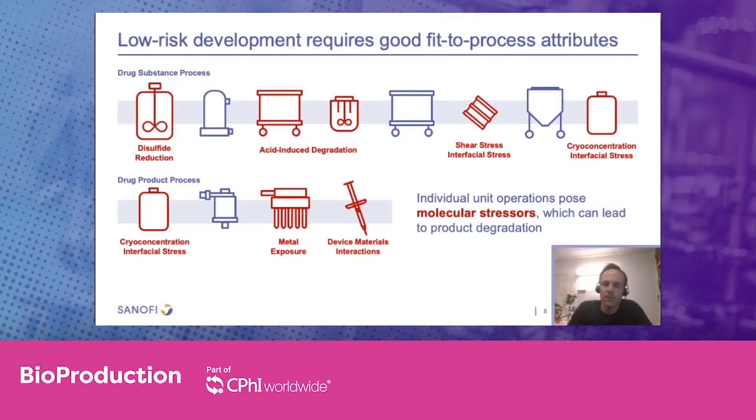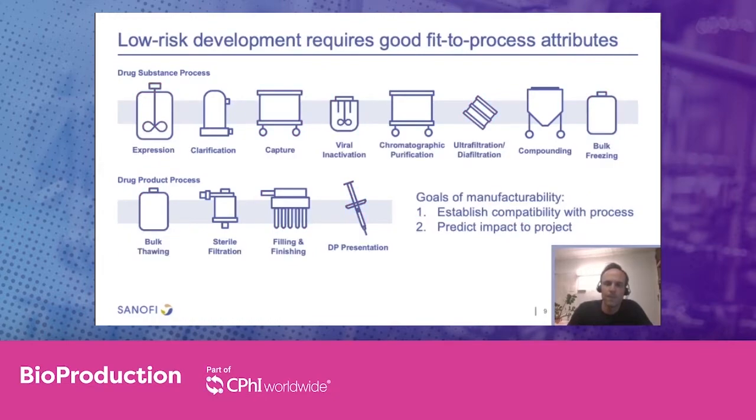And there's also compatibility with the process components and delivery device components like metals in the fill set or silicone oil in syringe barrels. So clearly there are a lot of different ways that incompatibilities can arise, and it's the goal of manufacturability to anticipate these challenges and ultimately to predict the impact to the project.